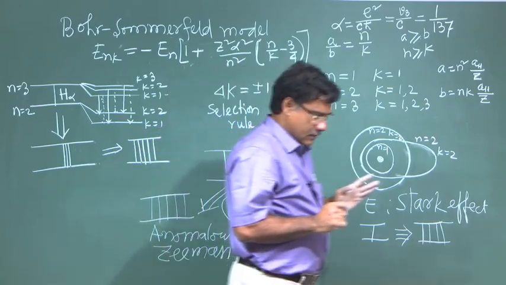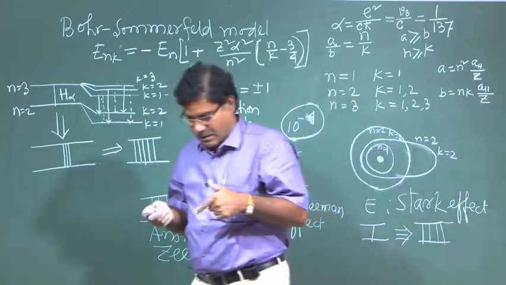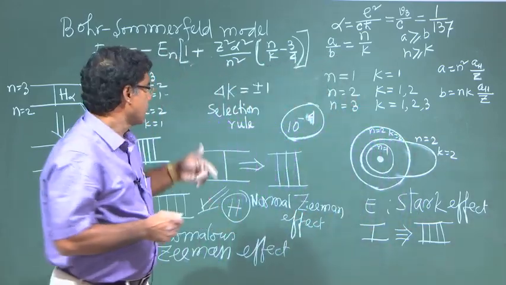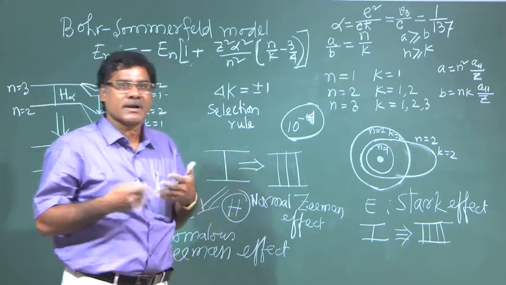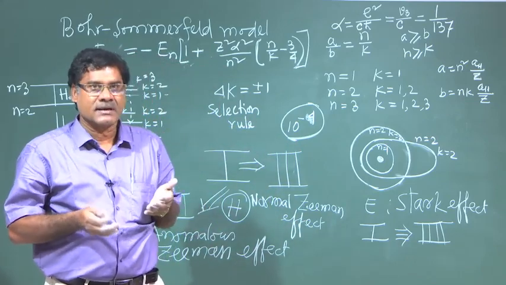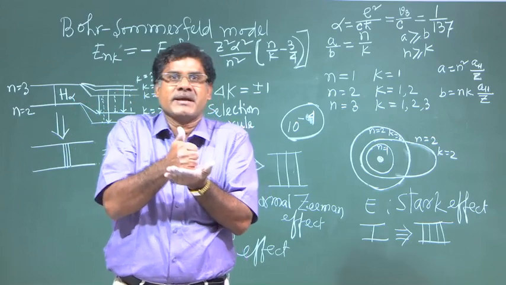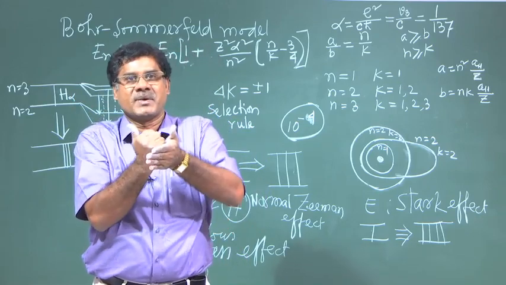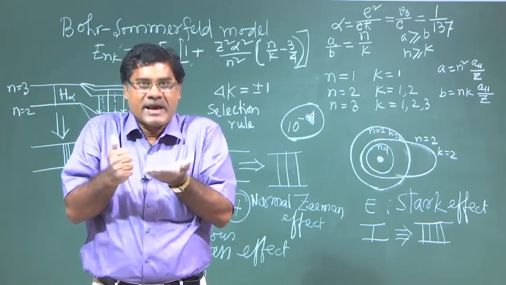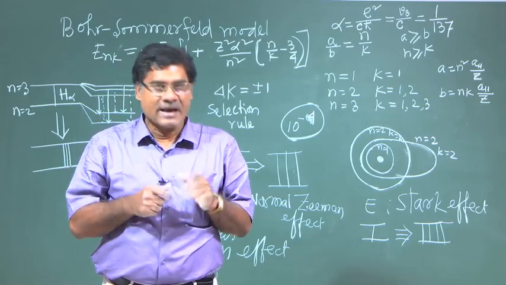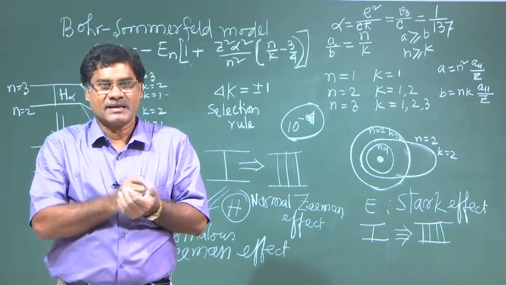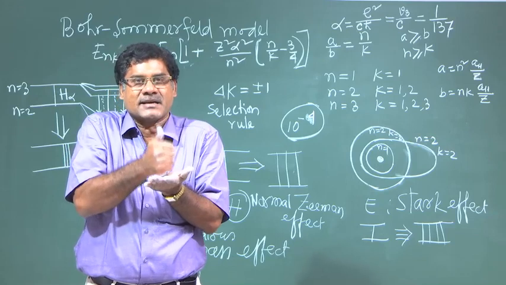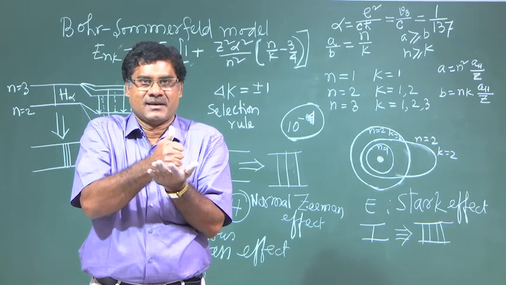Now here, I think this is called space quantization. It is considered that it cannot be in any direction, it cannot be in any plane, okay. So there is a quantization. This direction is quantized in space.